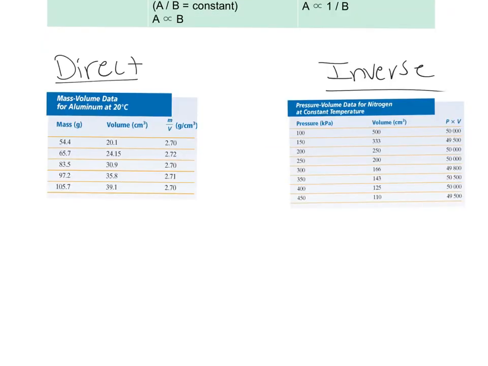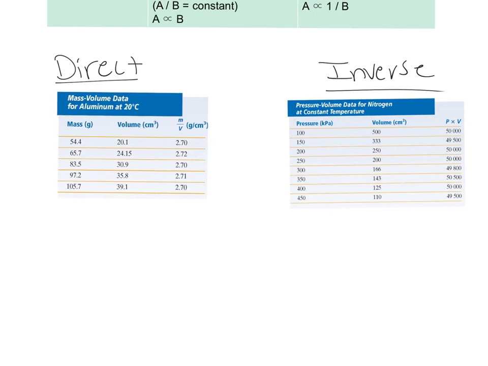Let's start by looking at a relationship that is direct and then at a relationship that is inverse. Direct. See here the mass and the volume. Take a look at the mass. What happens to the numbers as we go down?